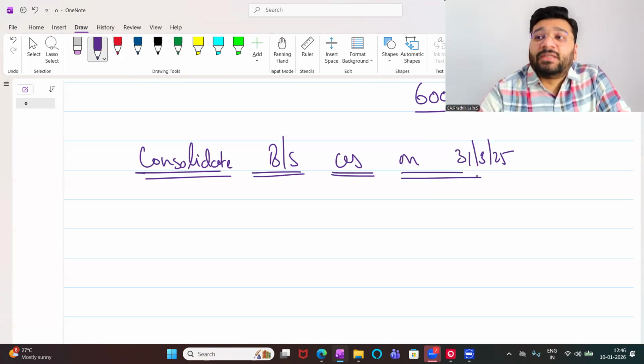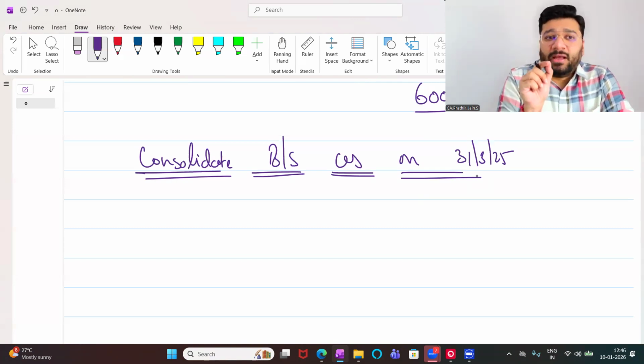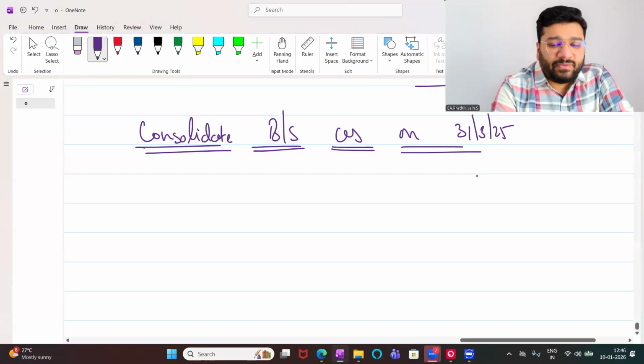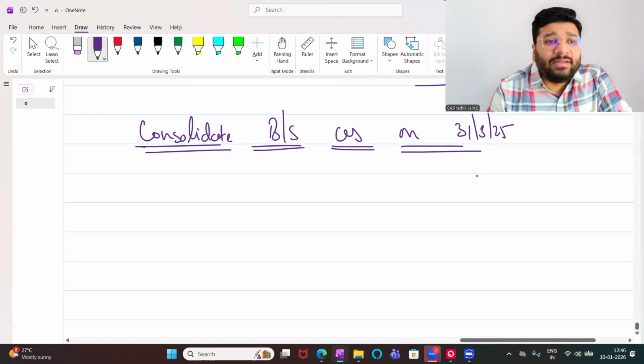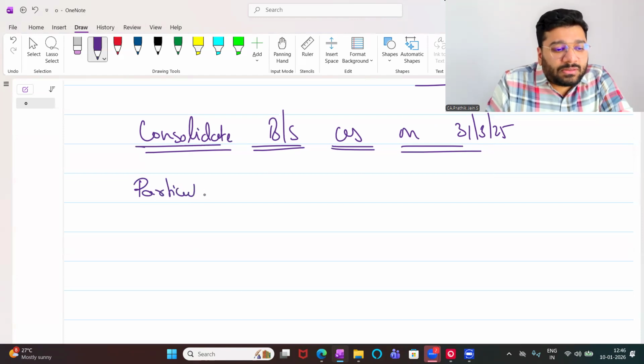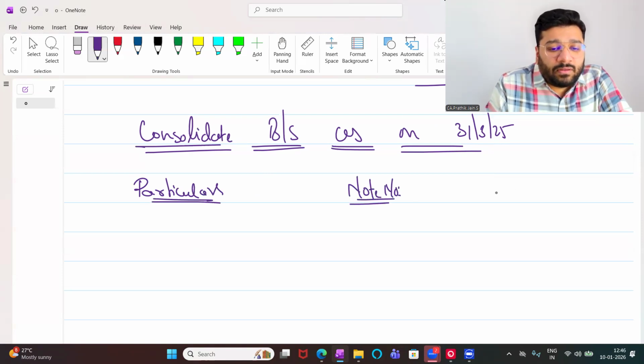Schedule 3. But in this format, there's a small twist that has been done by AS21. One thing got added. Rest all is the same. That one thing which got added, who added that? AS21. Particulars. Note number. 31st March 25. There's no comparative, so leave it.